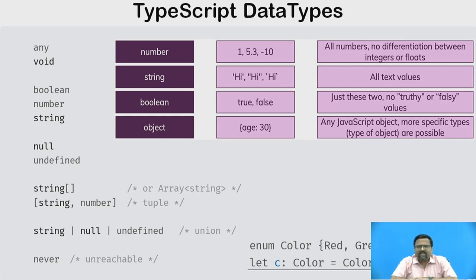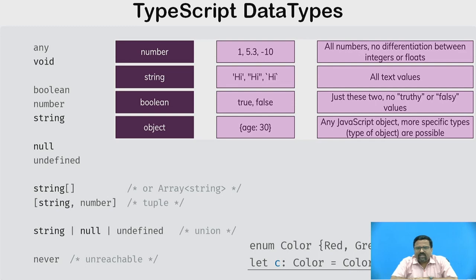These are the basic data types, and as TypeScript is a fully object oriented programming language, if your data is not a number, and not a Boolean, then definitely it is an object, or it is a string. So object is a de facto type in TypeScript, and it has very short and sweet syntax.